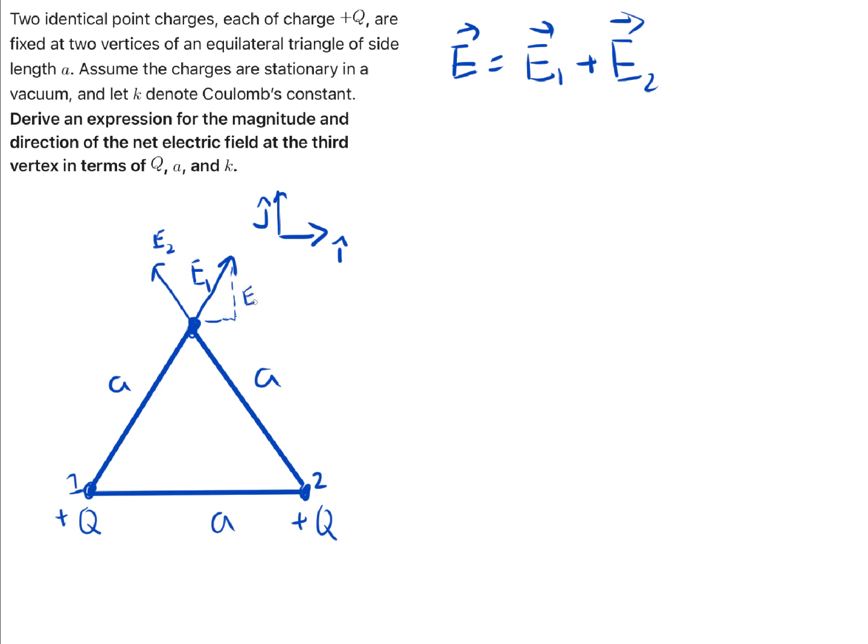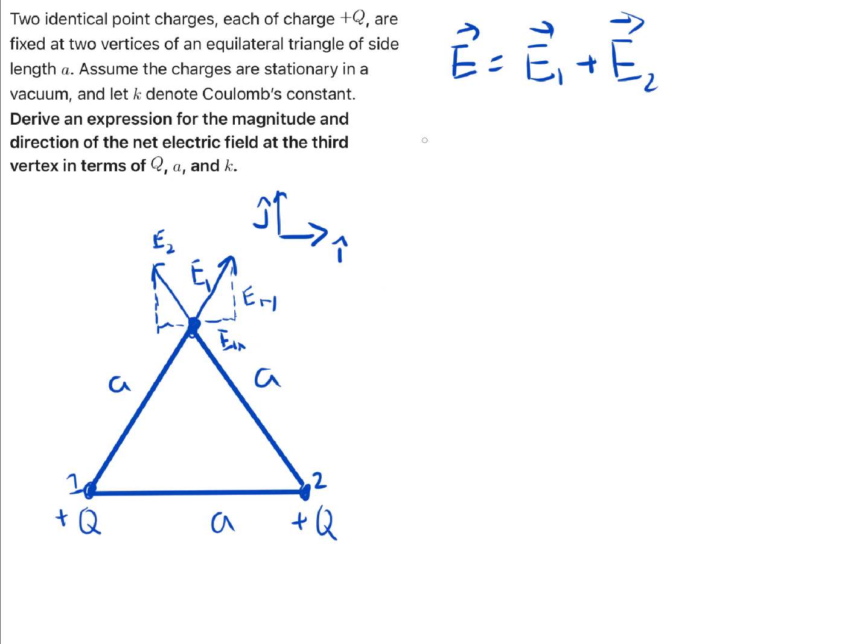So this is E1y, this is E1x, and it will be similar for the other side as well. This will be E2y, and I'm not going to explicitly label it just to save space.